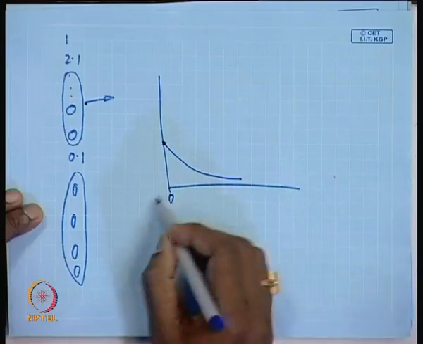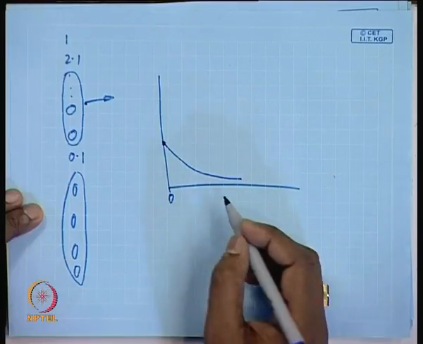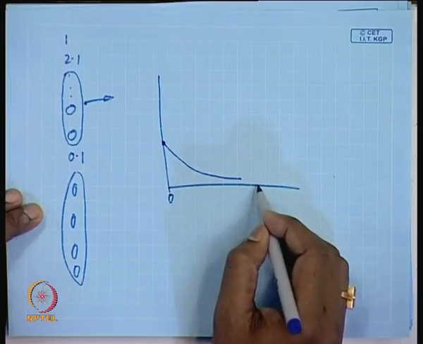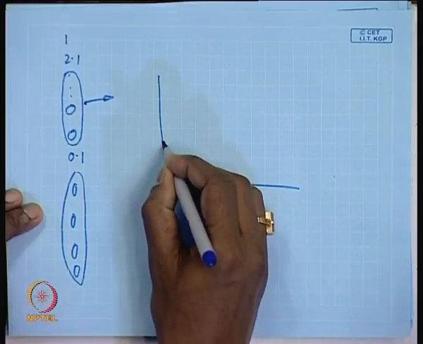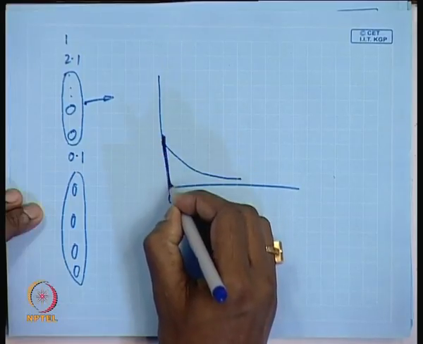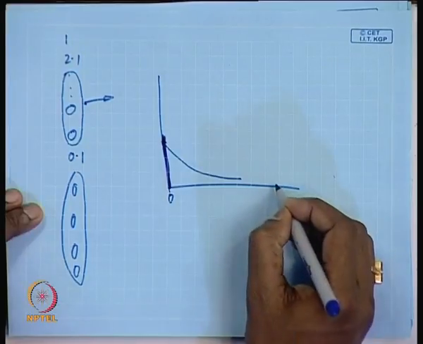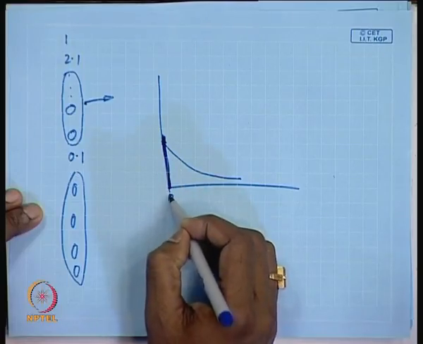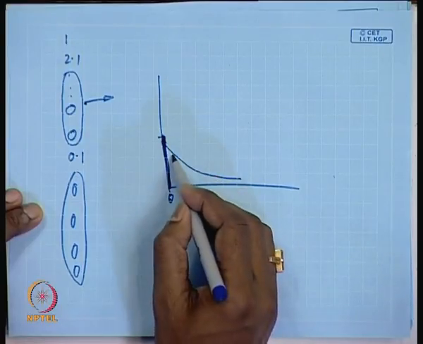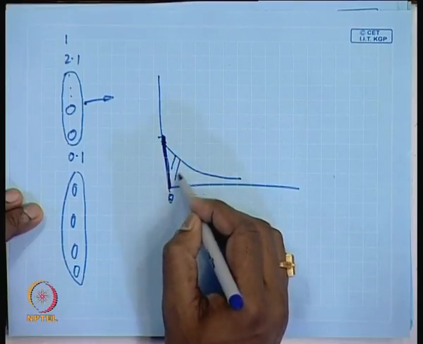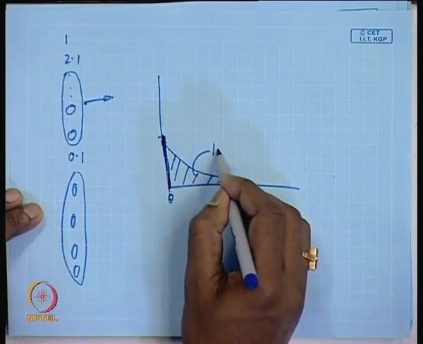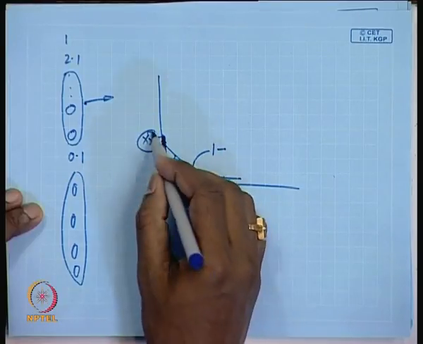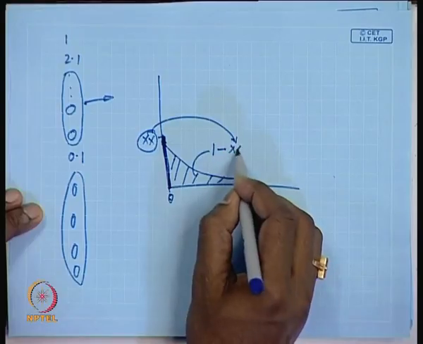And obviously the more the magnitude of rainfall depth, the density will come down. So here some probability is concentrated at 0, and then the density comes down. So, the total area under this graph obviously will be 1 minus the value concentrated at 0.